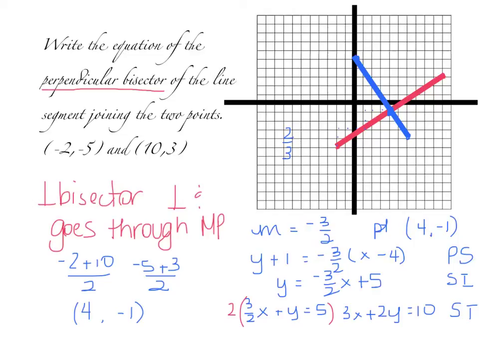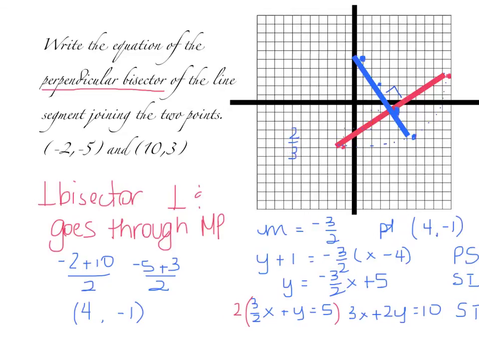Now, just to give you a heads up, we're moving into circles. And circles are a part of what are called conic sections, which you'll learn more about later. But I want to remind you that in a circle, a perpendicular bisector bisects this red chord in half.